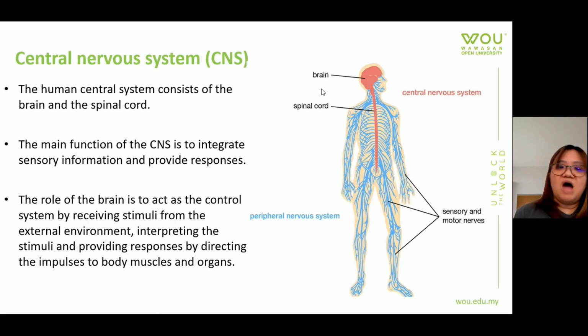Our brain plays a role as a control system by receiving stimuli from the external environment. The information goes to our brain, and our brain interprets the stimuli received and decides what kind of response to give. The response then directs impulses to our body muscles and organs.